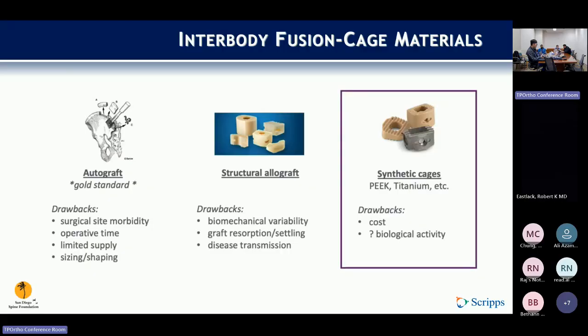There are also advantages of coating or hybrid types of cages to achieve the goals that we're trying to get out of the anterior cages. However, there is a higher cost.